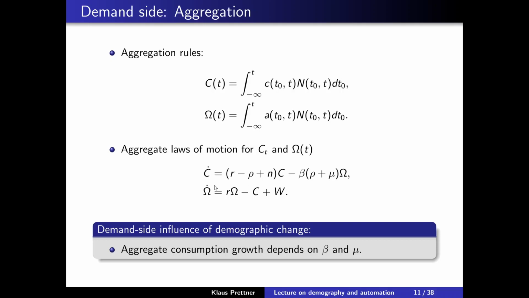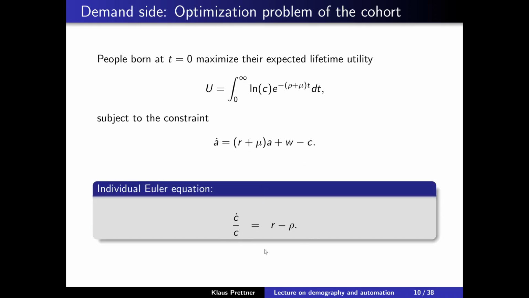What we see is that the so-called aggregate Euler equation, the equation of motion for aggregate consumption, differs crucially from the individual Euler equation. The individual Euler equation did not feature any of the demographic parameters. The reason is basically the presence of the life insurance company. So individuals do not really consider their mortality risk in the individual optimization problem.